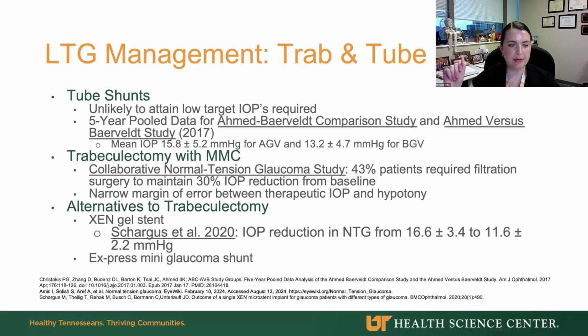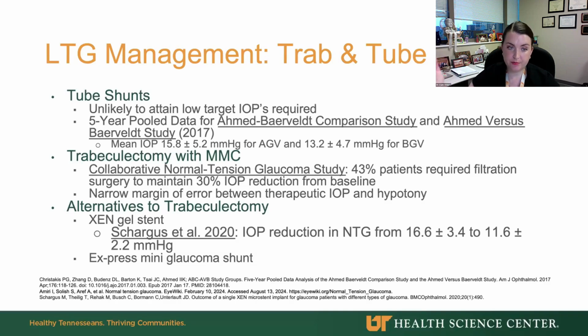And so by that, I mean trabeculectomy with mitomycin C, Xen, or Express mini glaucoma shunt. So moving on to trabeculectomy with mitomycin C, in the collaborative normal tension glaucoma study, looking back at that, about 43% of these patients ended up needing a filtering surgery to maintain that 30% reduction from baseline.